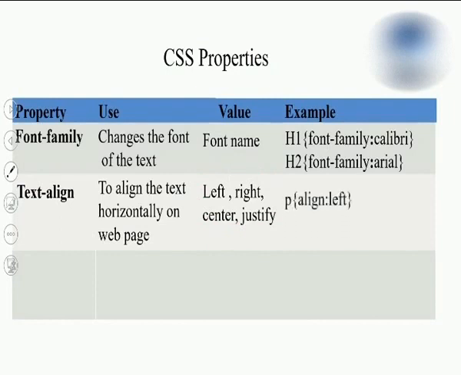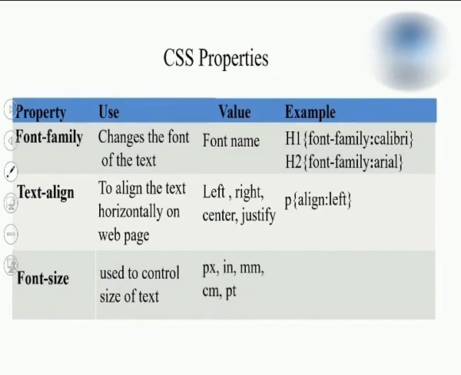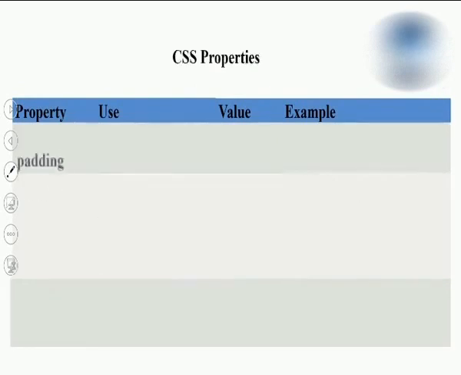So for the text-align, these are the 4 values. What if I specify align equal to left? The text will be aligned to the left. For font-size, you can specify it in pixels, inches, millimeters, centimeters, or even in points. Here I need to mention px, as I said. If I don't mention px, it won't work.